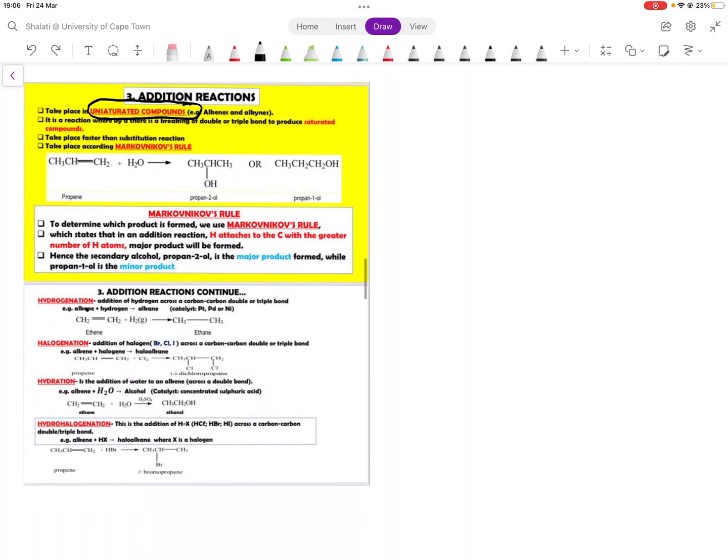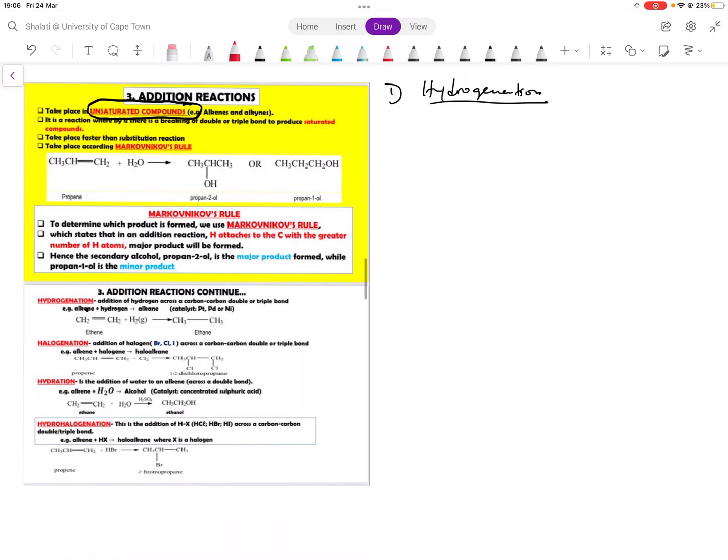So your reactants are alkenes or an alkyne, but your product is going to be an alkane. You start with double bonds, you end with single bonds. So you need to know all these types of reactions, and you also need to know the conditions.